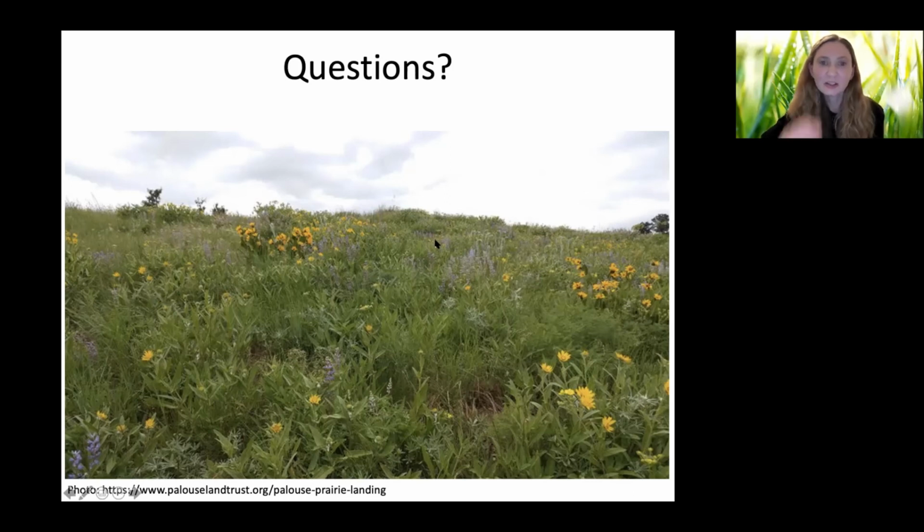Okay, is there a known trajectory or timeline of recovery for AM fungi and the below ground microbiome without intervention? This is a tough question because the restoration that I was doing in the Midwest was fairly close by to a local remnant prairie, but these fungi are dispersal limited. They live underground, they're microscopic, and they don't travel very fast or very far.